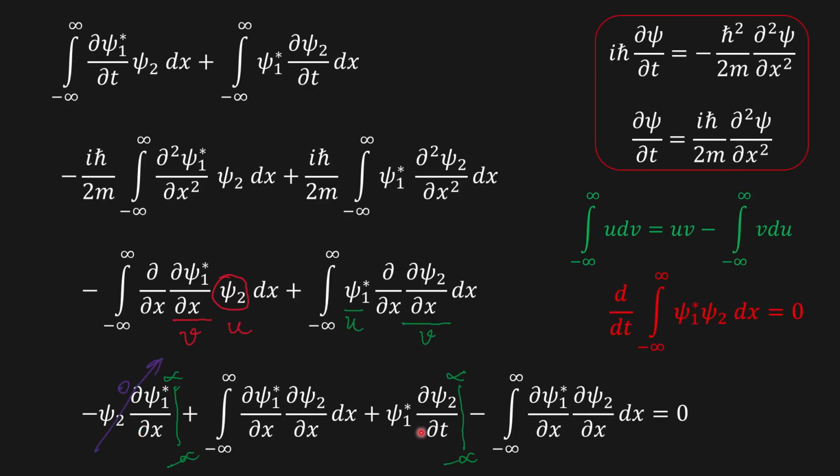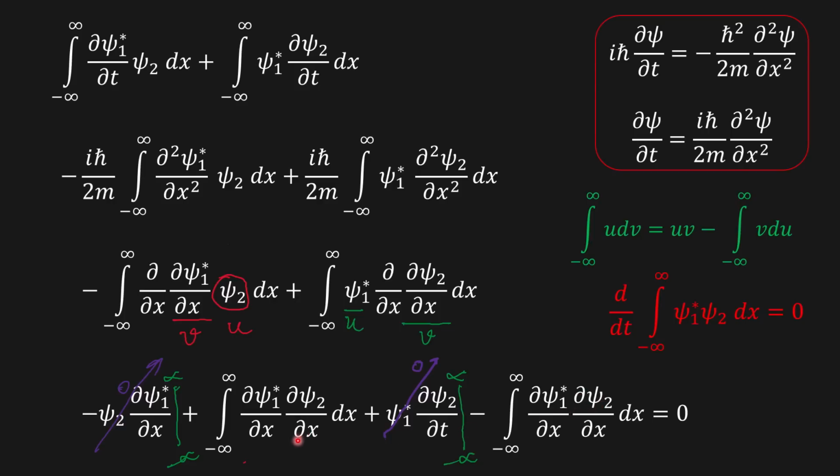And also here the same thing. Wave function ψ1 must vanish at infinity, so this will also become 0. Take the second and fourth terms. This is plus the partial derivative of ψ1* with ψ2, and this is minus the partial derivative of ψ1* with ψ2.